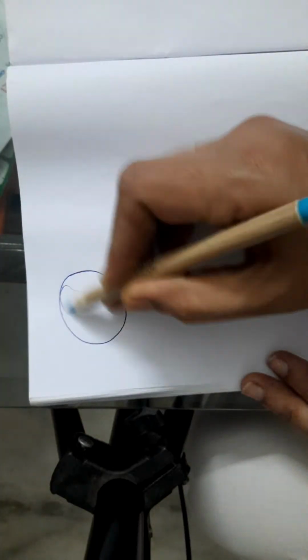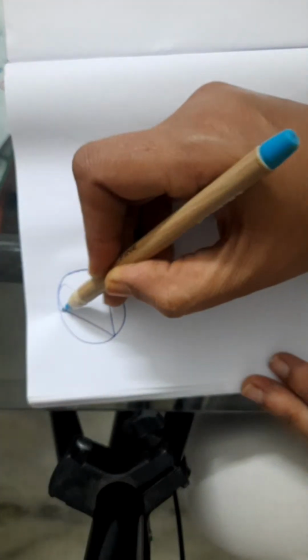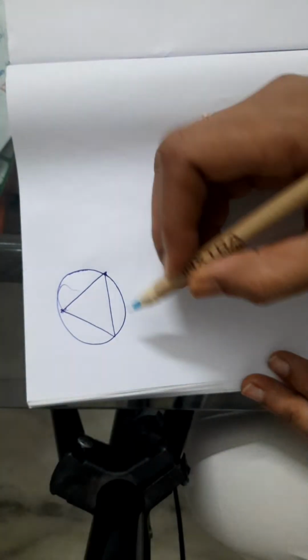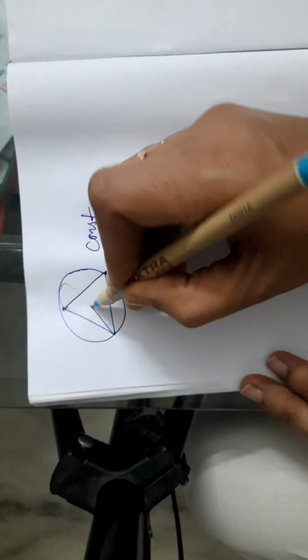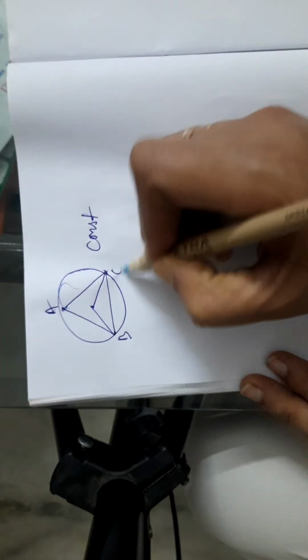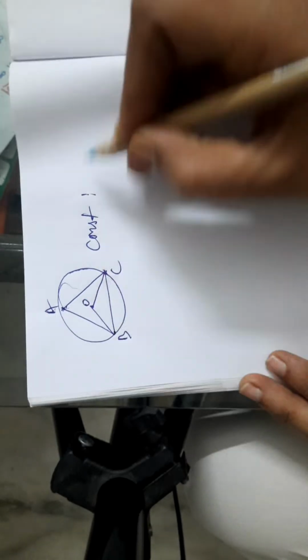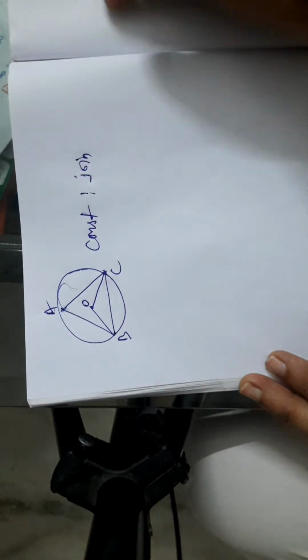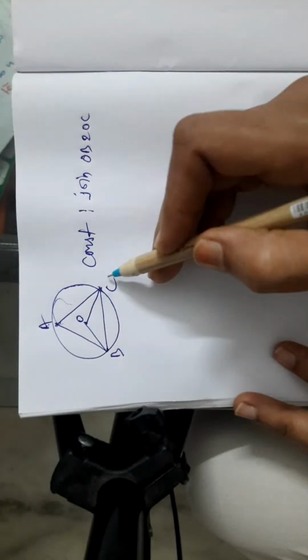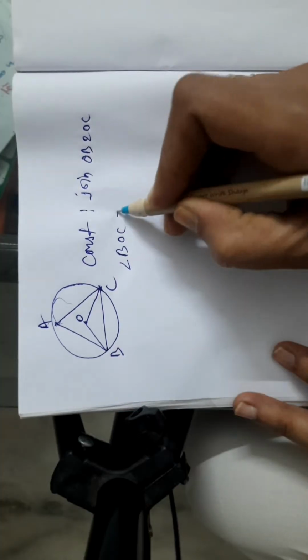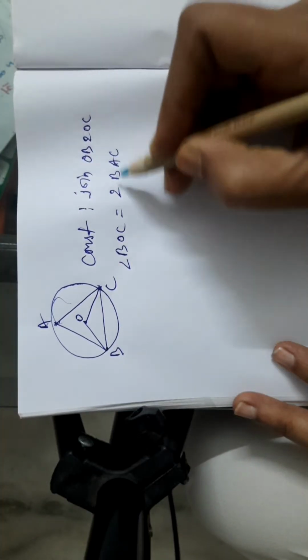Now the next question, the one where an equilateral triangle is there. Here also we are going to use a 9th standard property. Construction: join OB and OC. If we join them, angle BOC will be 2 times angle BAC.